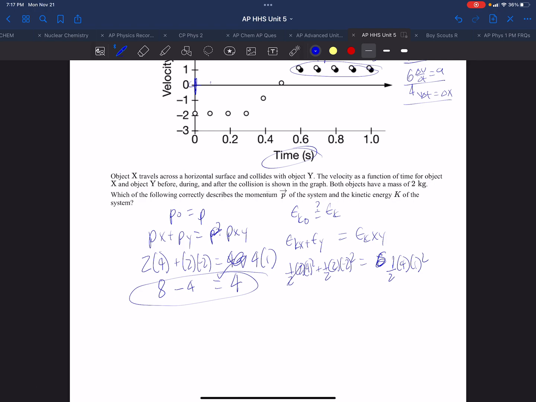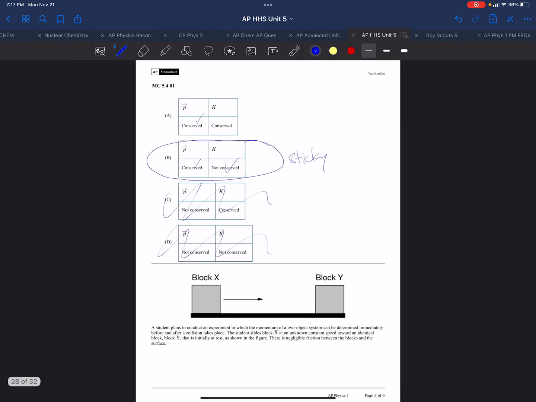So the 1/2 of 2, we're left with 16. 1/2 of 2, we're left with 4. Does that equal 2? And the answer is no. 20 does not equal 2. And of course, we didn't expect the kinetic energy to be the same, but that's how we can also prove that B is the correct answer.